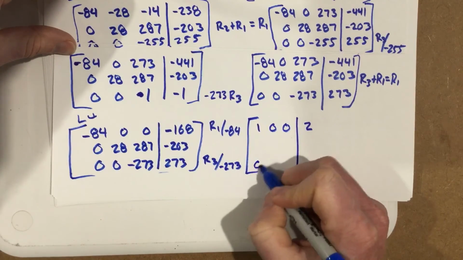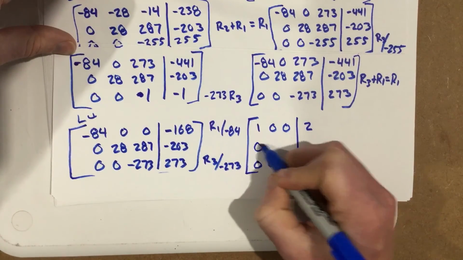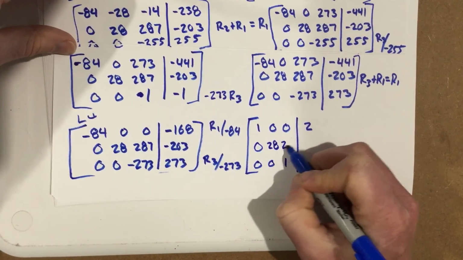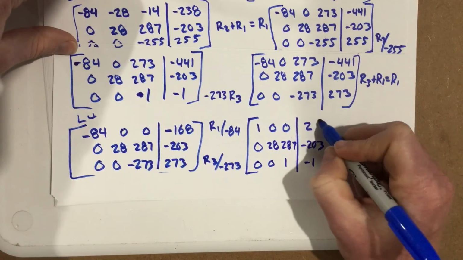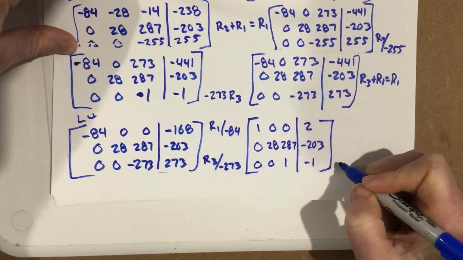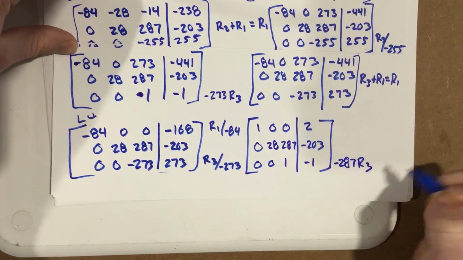On the bottom you get 0, 0, 1, negative 1, and you get 0, 28, 287, negative 203 for the middle row. Okay, last step, I'm going to multiply negative 287 times row 3.